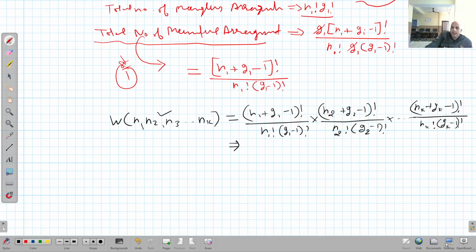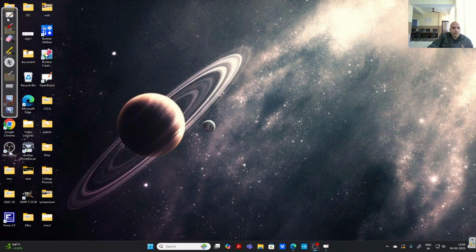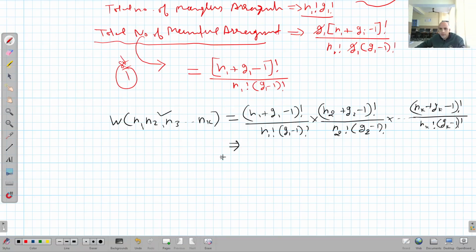So then I can write it in this way with the multiplication symbol, I go from 1 to k, (Ni plus Gi minus 1) factorial divided by Ni factorial into (Gi minus 1) factorial. So I converted it into the multiplication.